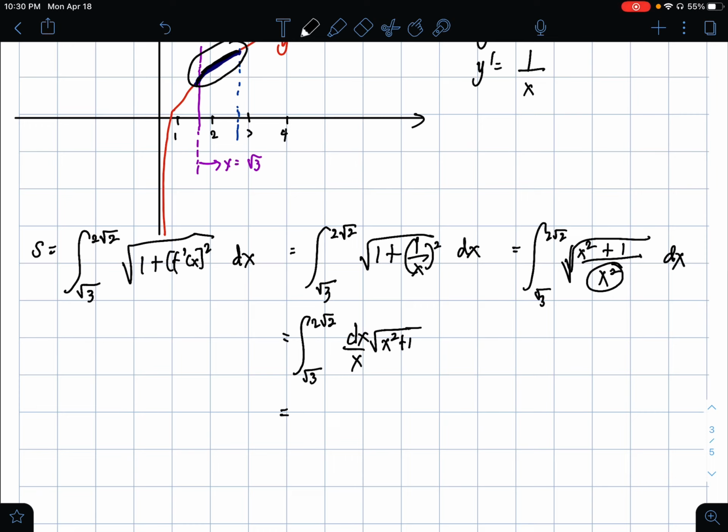So using the calculator to input the integral of the square root of 3 to 2 square root of 2, with square root of 3 as the lower limit and 2 square root of 2 as the higher limit. And then we have the square root of x squared plus 1. Hold on, I'm still trying to input. Sorry, x squared. Then times dx over x, or times 1 over x.